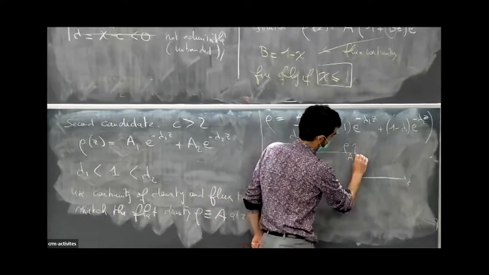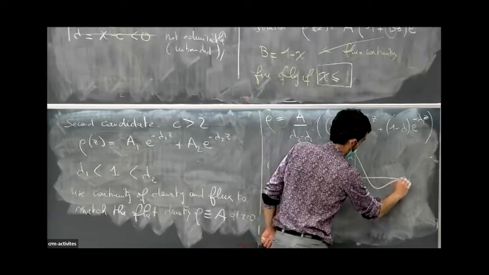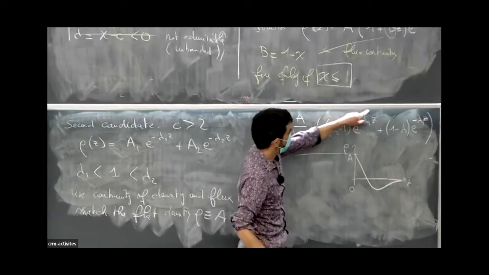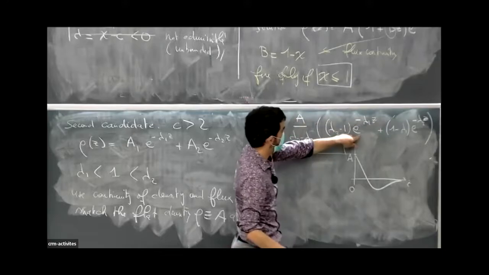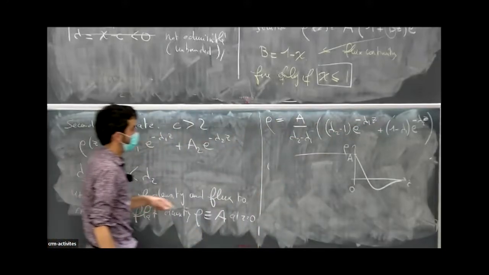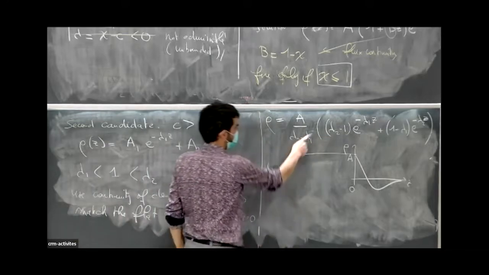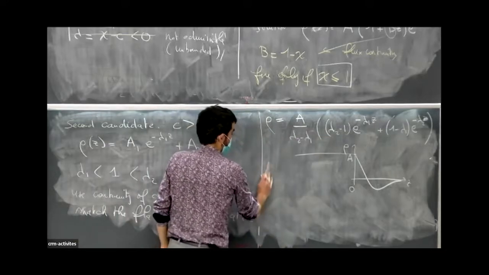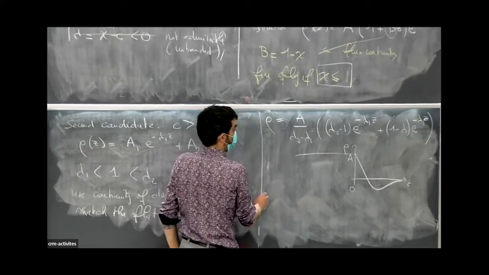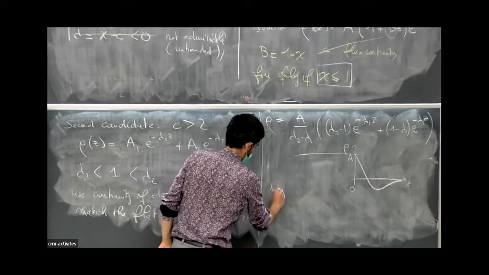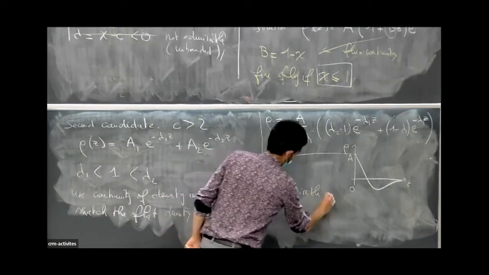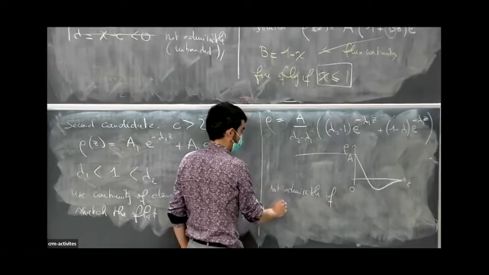So the bad part is when it does something like this, when you have a negative part, and this can only occur when this one, which is the largest contribution for large z, is negative, and this can occur only if lambda 2 is less than 1. So this is not admissible because non-positive.